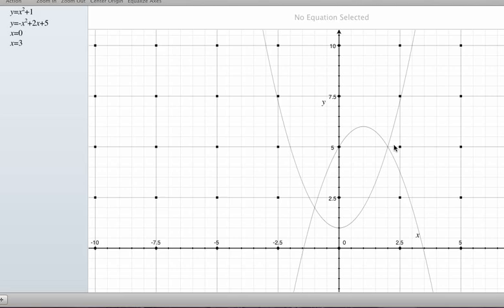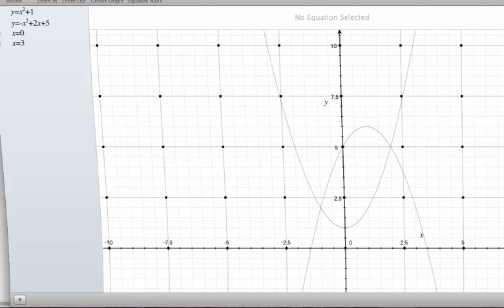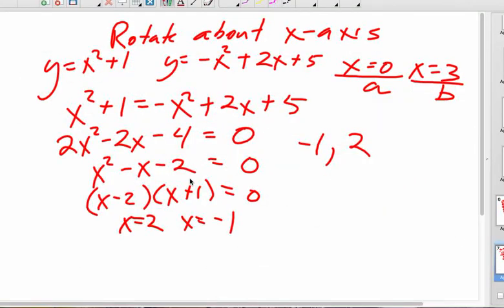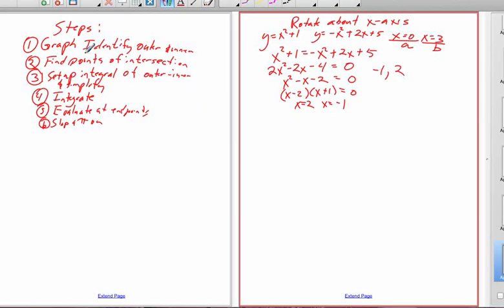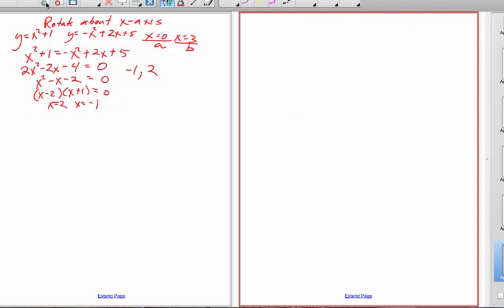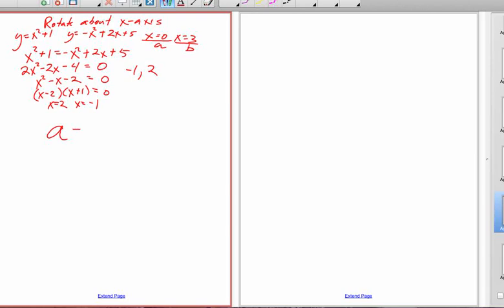Okay, so now that we've got that, then we're going to set up our integrals. So my A is going to be 0. My B is going to be 3. However, I'm going to have two integrals.